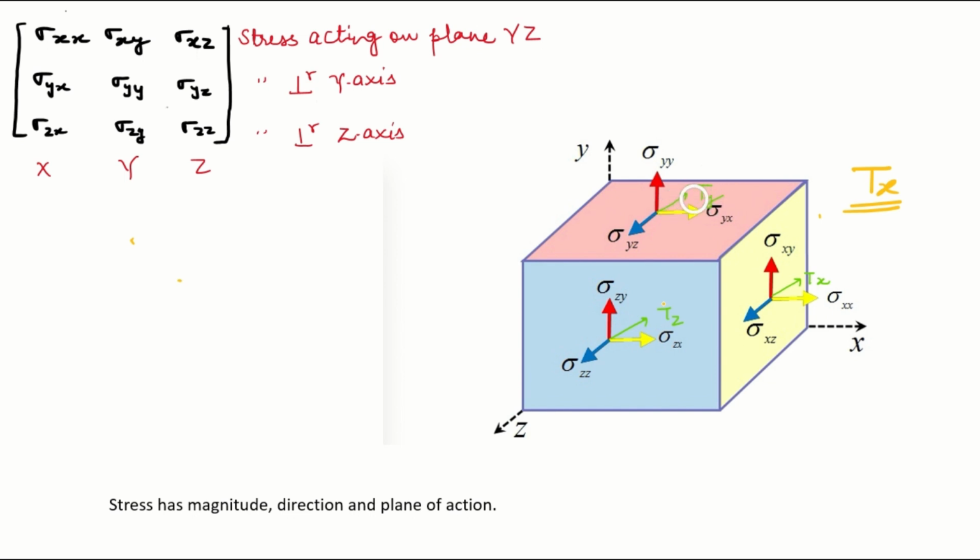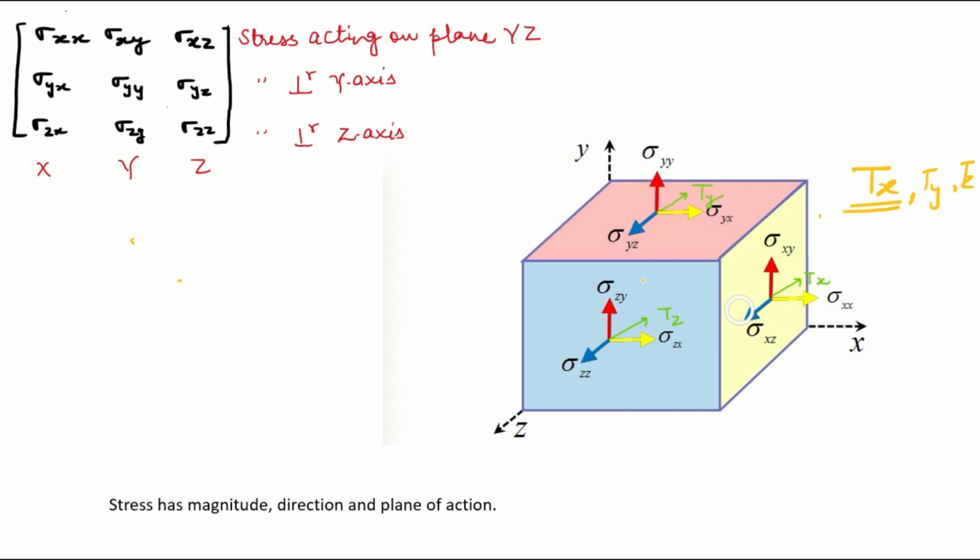We can divide this Ty into 3 components. In the same way we have Tz. So Tx, Ty, Tz are stresses on X plane, Y plane, and Z plane, and further we can divide all 3 into 3 components.